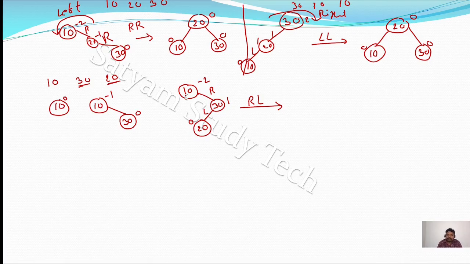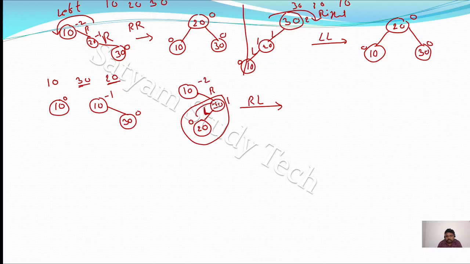Here the L is there, so we have to perform the opposite. L is left, so we have to perform the right rotation. You can see only in this subtree we have to perform the right rotation.